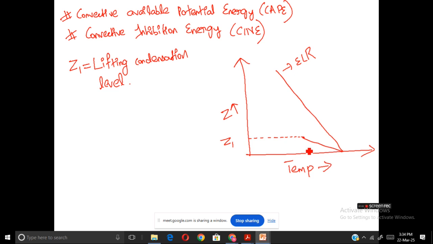When the parcel reached Z1, it became saturated. Until the lifting condensation level, the parcel is unsaturated. It had moisture in it, but it was not saturated.